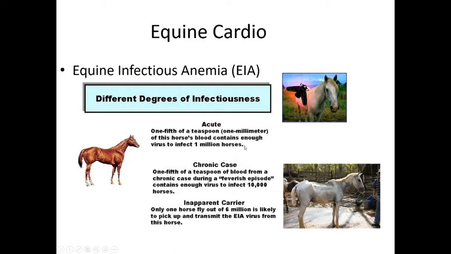Because this disease is so infectious, it is something that we keep an eye on. And the way we keep an eye on it is to do a blood test. We do recommend this blood test be performed yearly in horses, especially horses that travel in or out of a state, or go to a horse show or someplace where there are a lot of horses gathering.